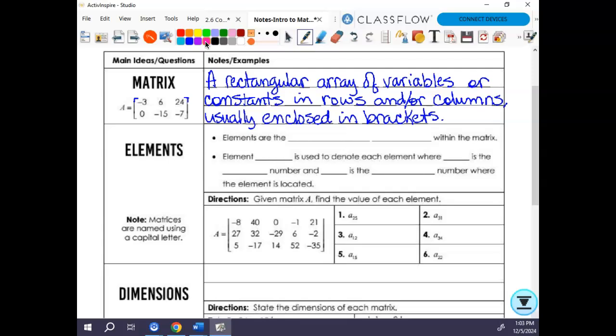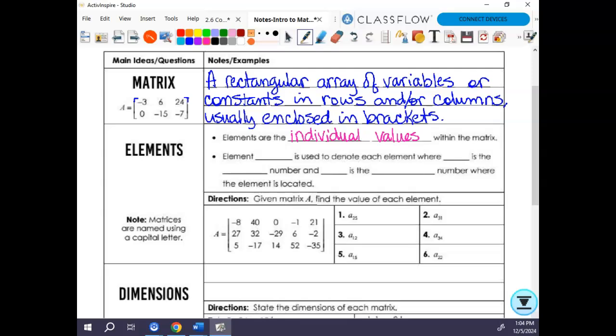Then we're going to talk about what the elements are. The elements are the individual values within the matrix. They're the numbers that you see or the variables that you see. The elements are referred to in specific ways.